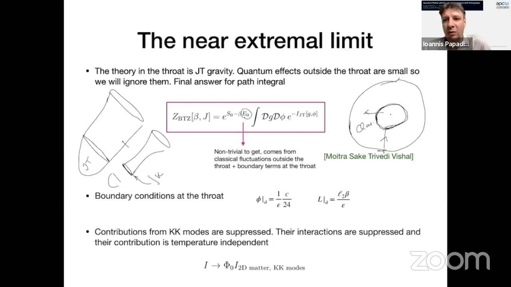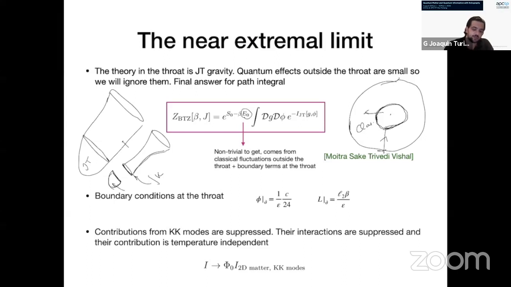So why do you separate into this Jackiw-Teitelboim part and this asymptotic classical region? Because the physical picture that I think we are trying to say is that all quantum effects are restricted to this region. When you send the temperature to zero, the central charge will be large, so we're not going to look at finite G_N effects.